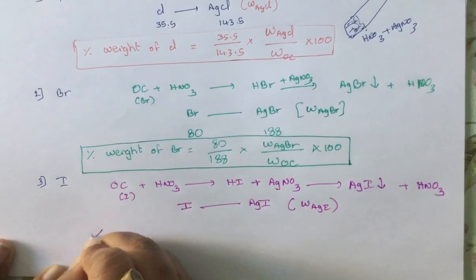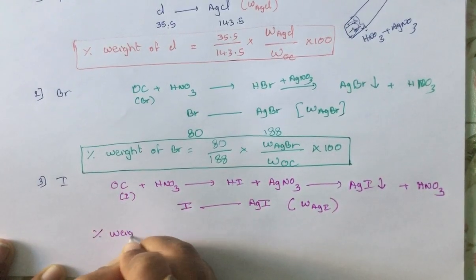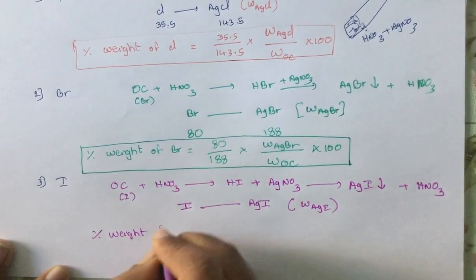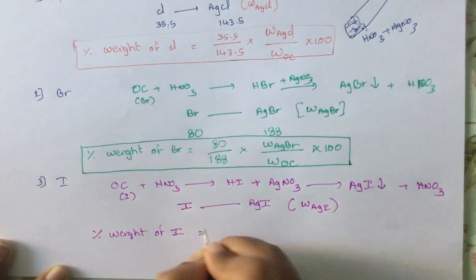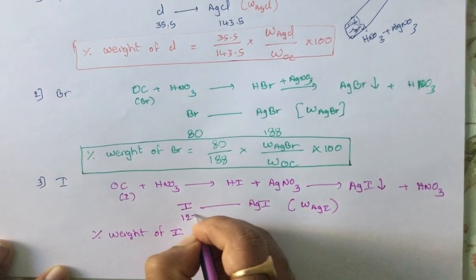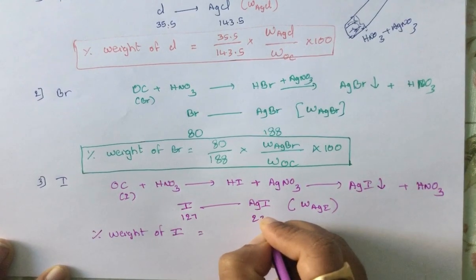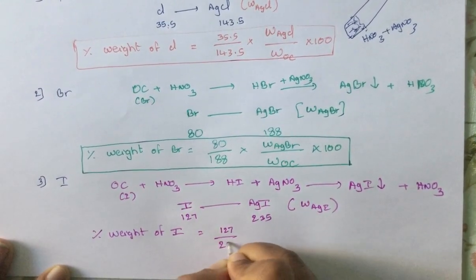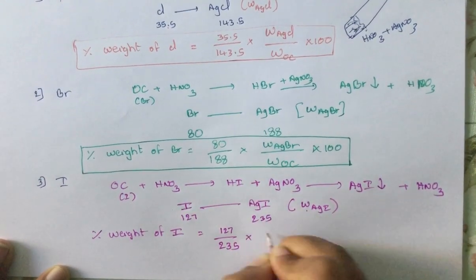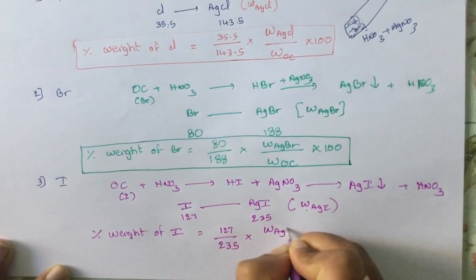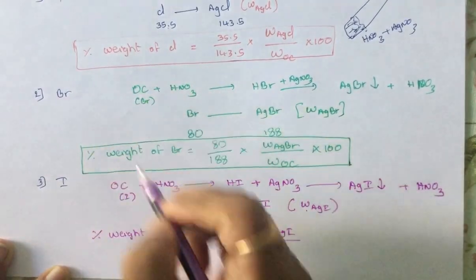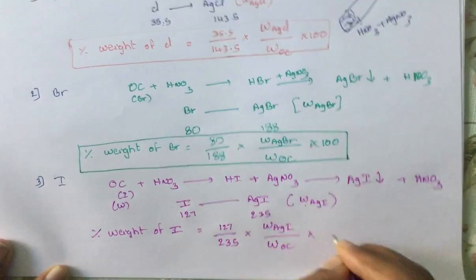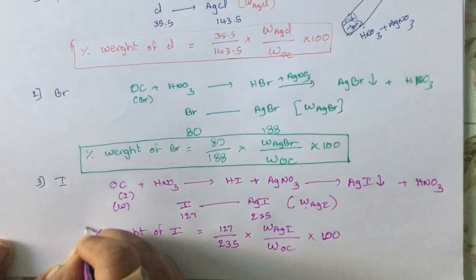Now how can I write the formula? Percentage weight of iodine is equal to, what is the atomic weight of iodine? 127, and silver iodide is 235. So 127 divided by 235 multiplied by the weight of silver iodide, divided by the weight of the organic compound, W, multiplied by 100 to convert into percentage.